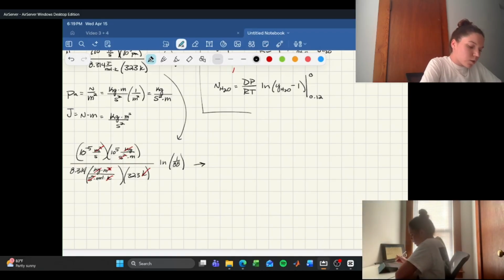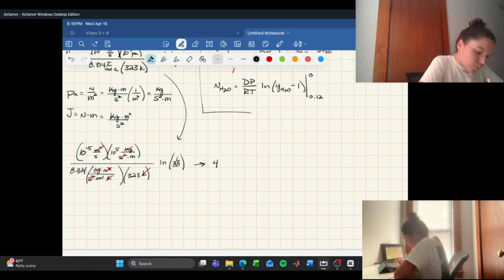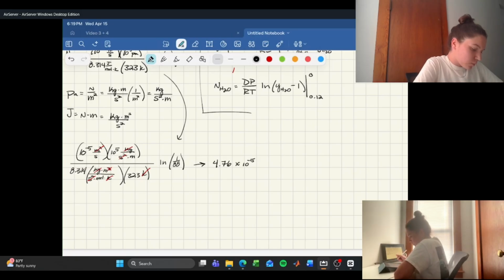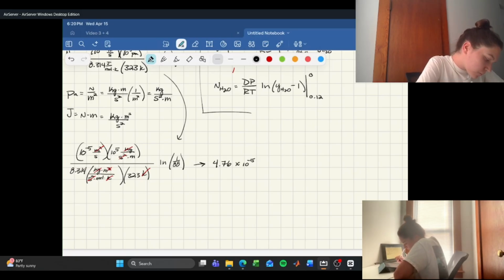And I got that it was 4.76 times 10 to the negative 5th. And this is going to be in moles per meter squared times seconds. And that's going to be the flux of the water.